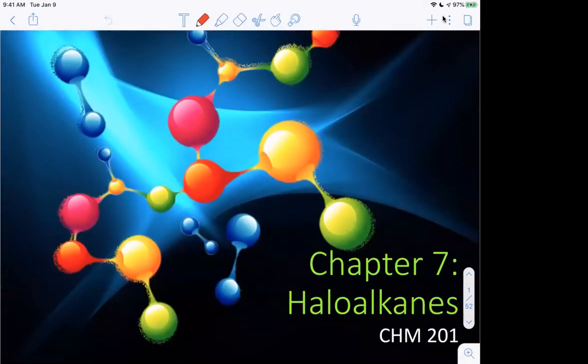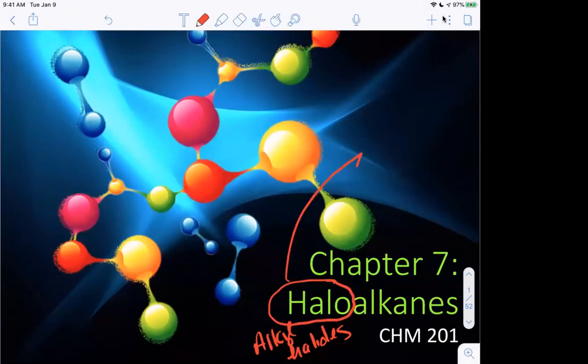So haloalkanes or alkyl halides. You will see both of those terms referring to the same types of compounds. And remember, my halogens, right? Halo means halogens. So I'm looking at fluorine, chlorine, bromine, and iodine for the most part.